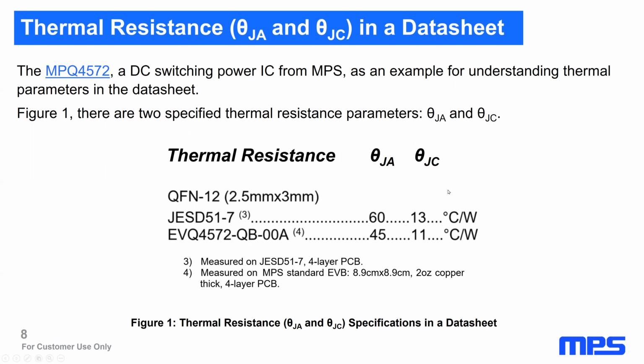What you can see here is that the theta in the datasheet is only valid for the PCB where it has been measured. So these numbers have nothing to do with your custom PCB, nothing. They are wrong. They can be higher or lower depending on your PCB size.